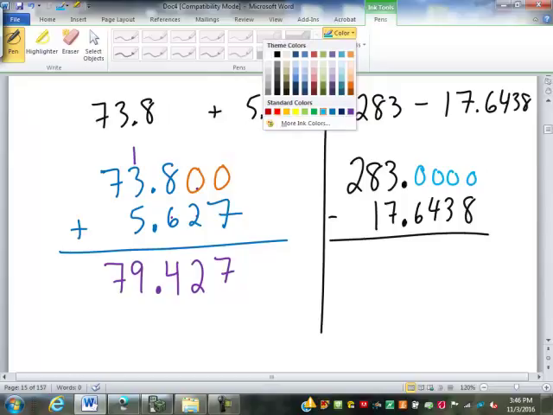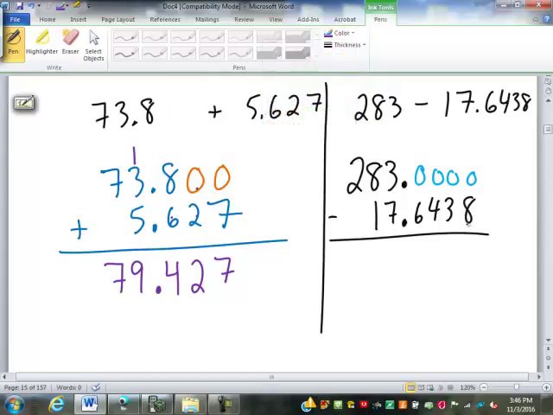And now, of course, 0 minus 8 can't be done, so we have to borrow. Nothing to borrow from here, so we got to go all the way over to here to borrow. So that becomes a 2. This is now a 10. Now we need it all the way down here, so we have to keep borrowing. This will become a 9, and now this is a 10. Again, 9 and 10, and one more time, 9 and 10.